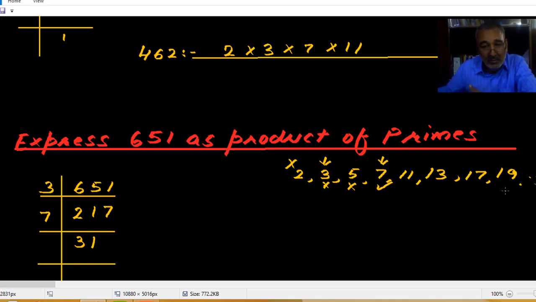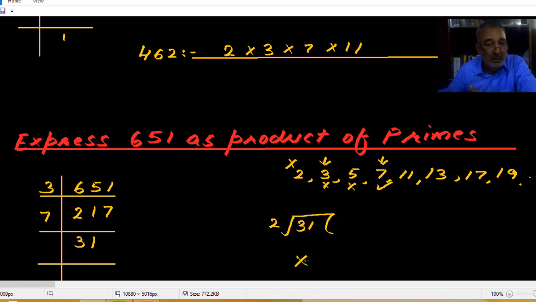Can you increase these numbers? Whether this 31 is divisible? Yes or no? Where should I stop? Let's have some try. 31, I tried to divide it by 2.